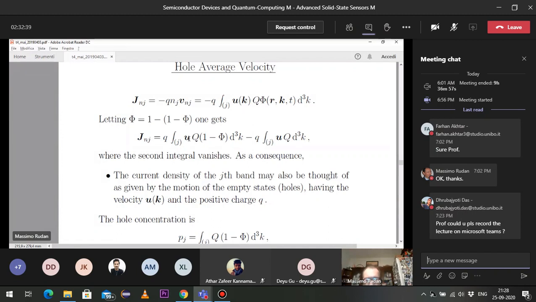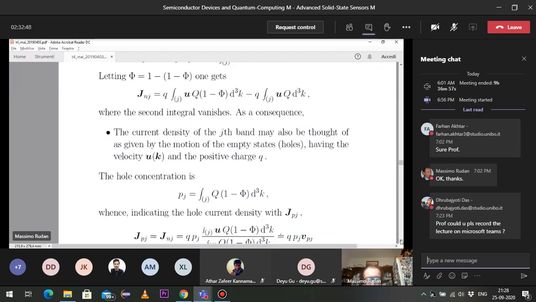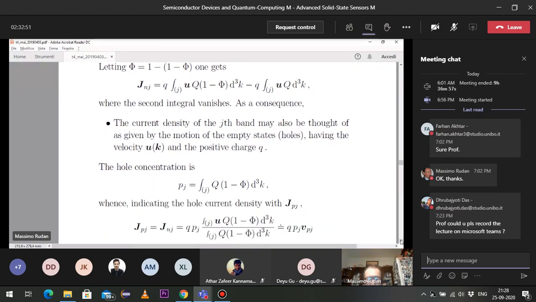Okay, we may elaborate a little bit more on this because you remember we already calculated the concentration of the holes using the probability phi as this integral, the combined density of states times 1 minus phi.